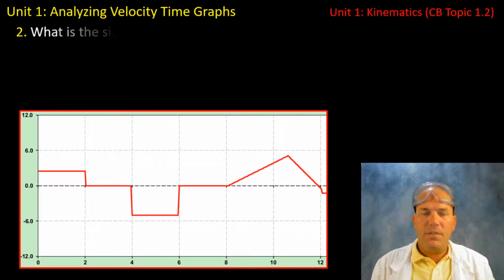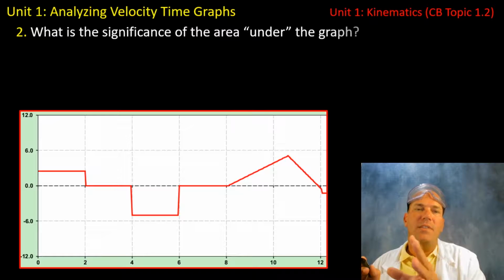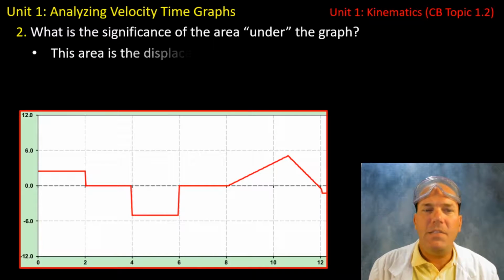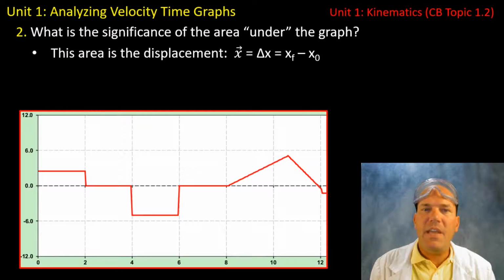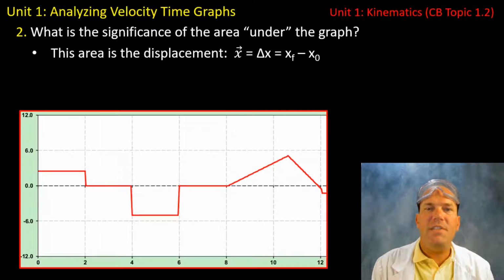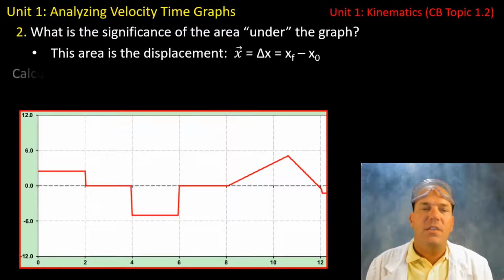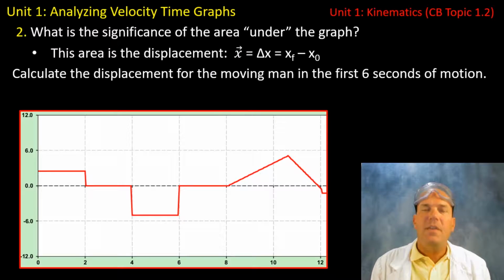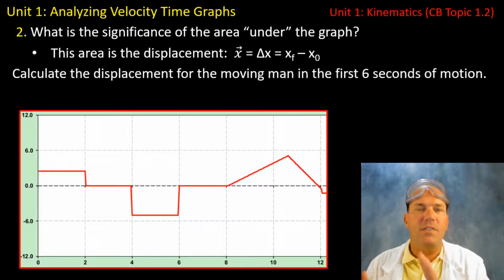Now, let's move on and talk about the significance of the area under the graph or curve. For velocity time graphs, this area is the displacement or change in position. So calculate from this graph the displacement for the moving man in the first 6 seconds of motion.